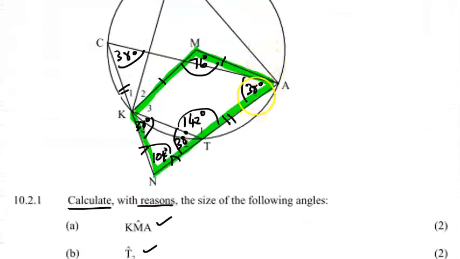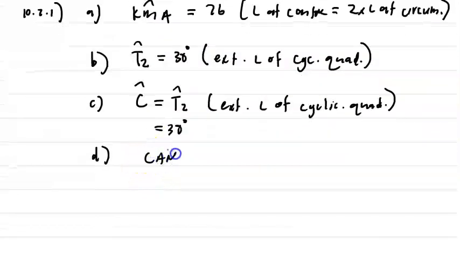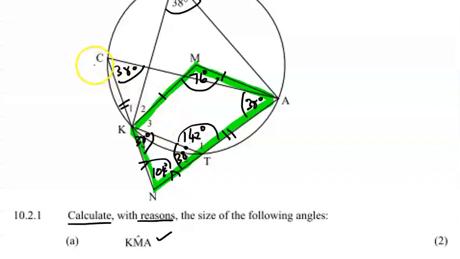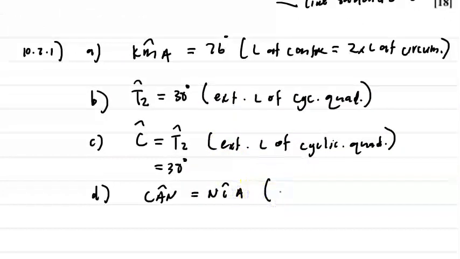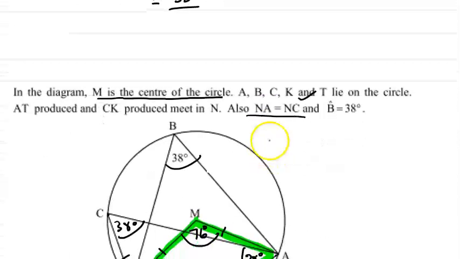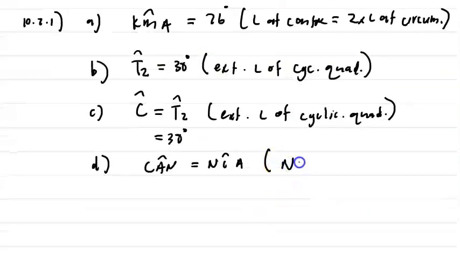Remember, we've got equal angles opposite equal sides, and we want to show K4 is going to equal 38 degrees there, right? So we're going to say CAN equals NCA. And why is that so? Remember, we are given that NA equals NC.